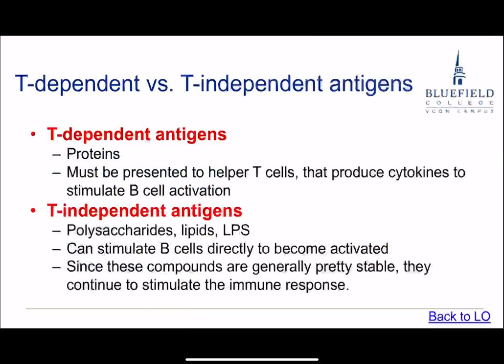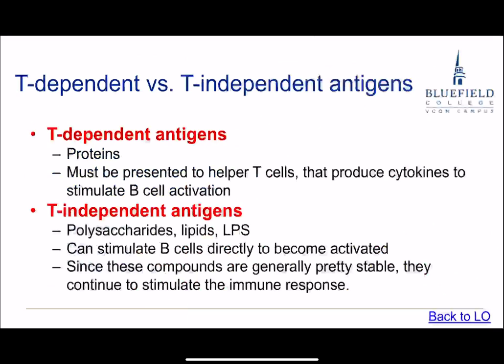But we also have some T-independent antigens. I said at the very beginning that the immune system really prefers proteins of a certain size, and those are the T-dependent antigens. But there are some pathogens that coat themselves with sugar, polysaccharides, with lipids, or maybe they produce things like endotoxin or lipopolysaccharide, and those aren't as well recognized by the immune system as proteins, so B cells can do it on their own.